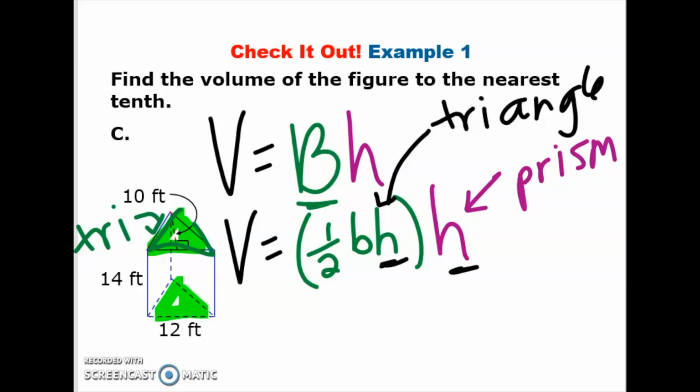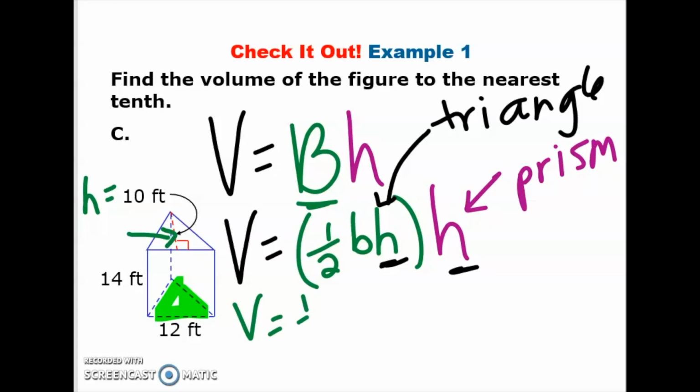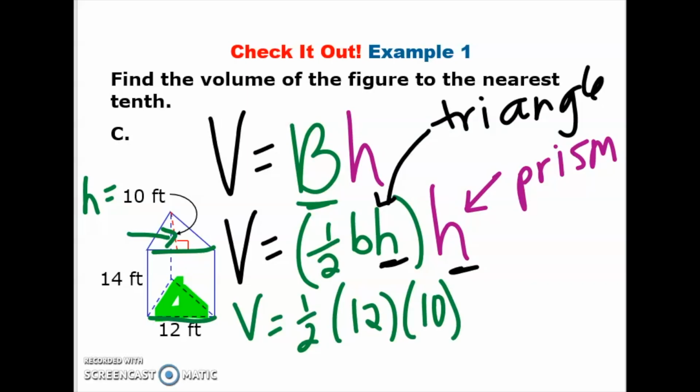So when I'm looking at my triangle, I can see that I've got that red dotted line, and it's telling me it's 10. That's the height of my triangle. So I have volume equals 1/2 times my base, which is this side here, which I have to look at the bottom to see that it's 12. So 12 times 10. Then the height of my prism is how tall the prism is, so I'm multiplying that by 14.